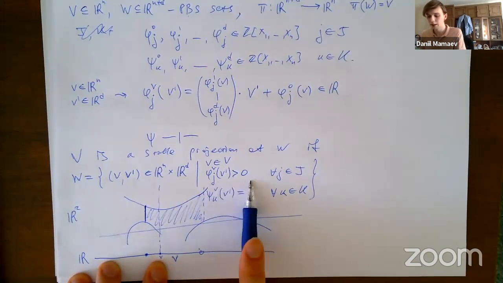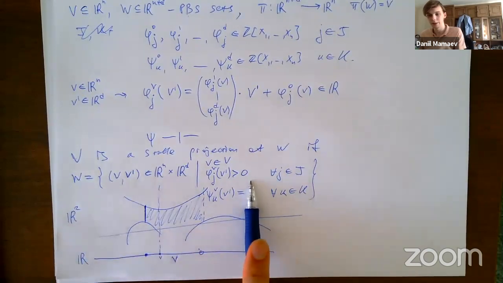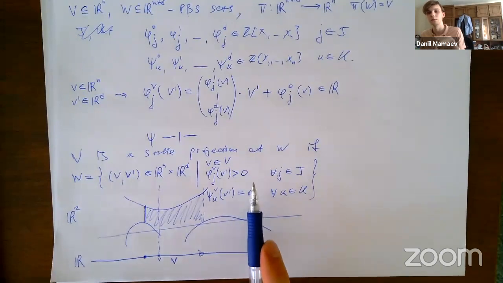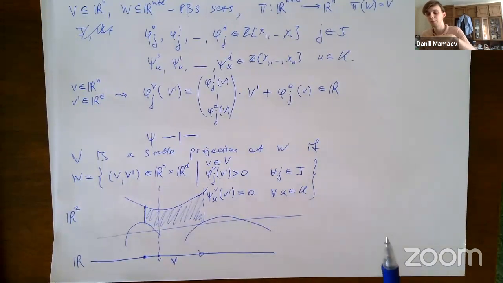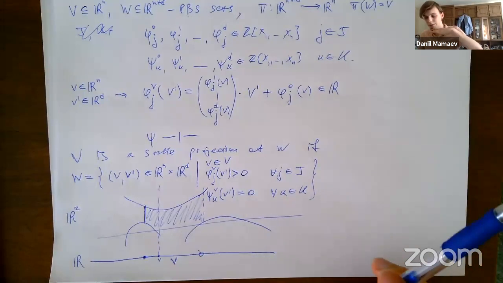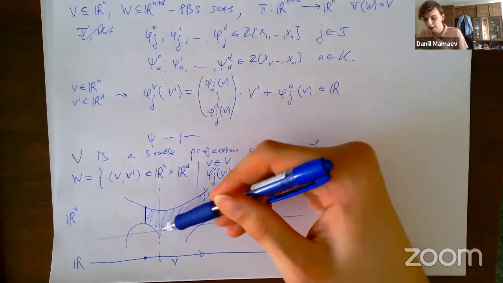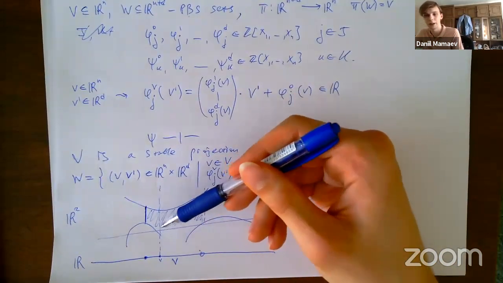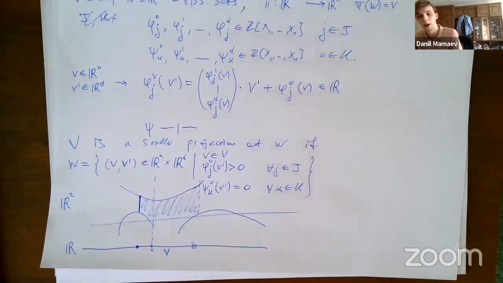And second, it should be bounded by some hyperplanes. So basically, each fiber over any point is the interior of some convex polytope.